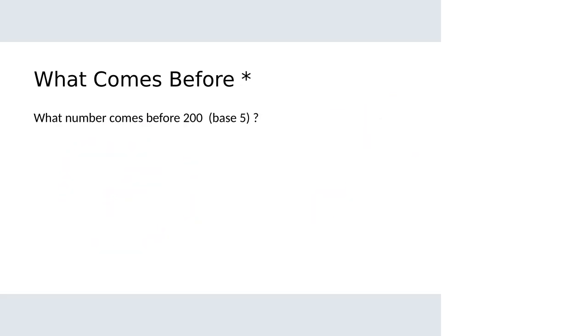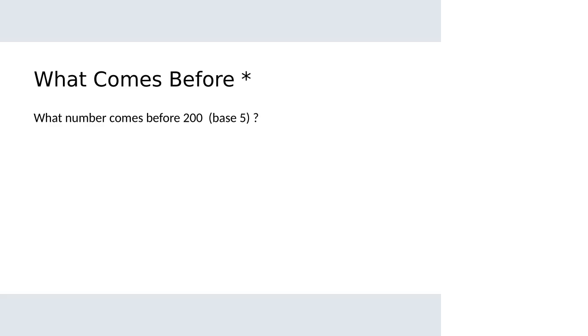Let's try another one. What comes before 200 base 5? That last one went so well, I'm just going to let you do this one. You may want to think through what the digits would be in a base 5 system.